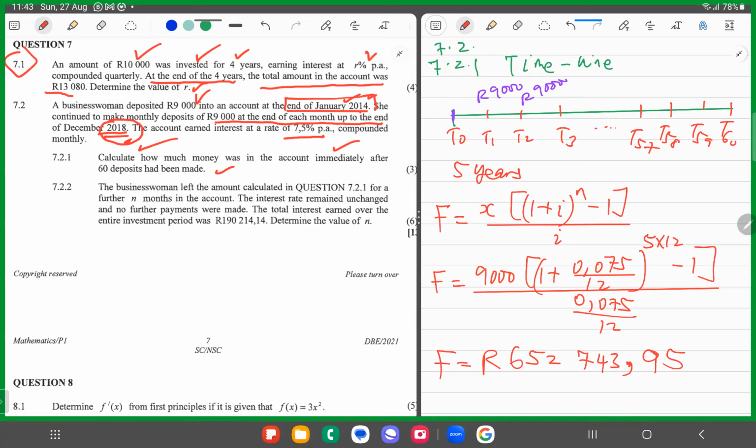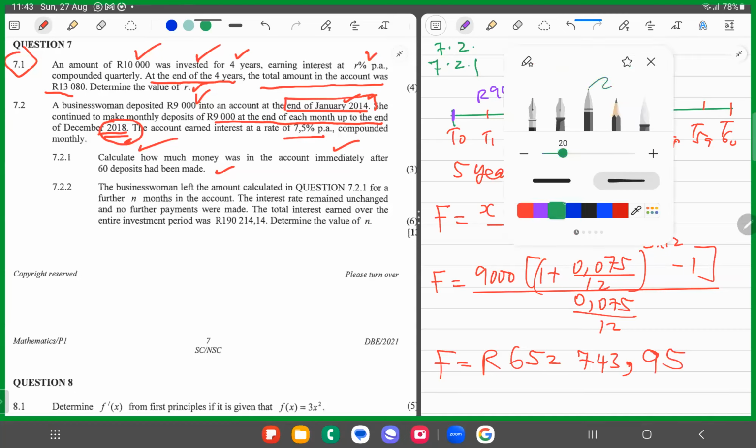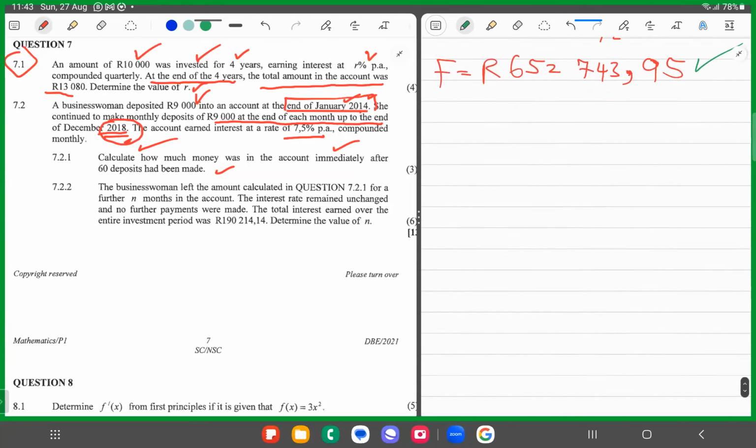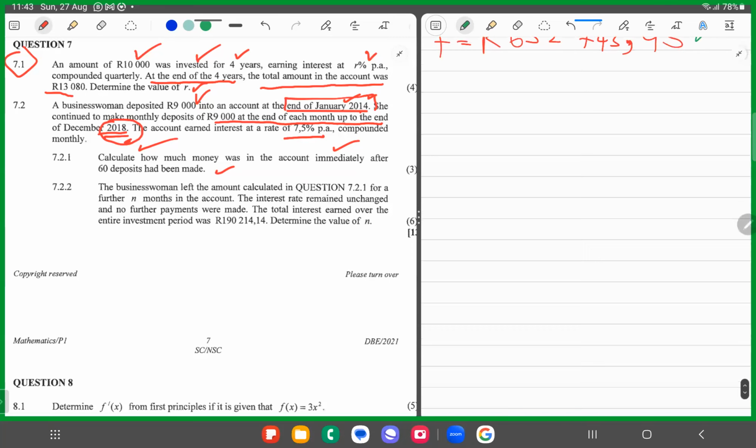So which means therefore the future value is going to be that one, 652,743.95.